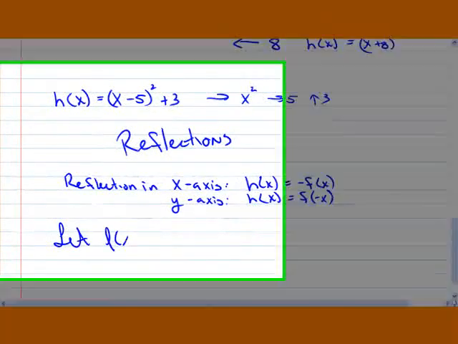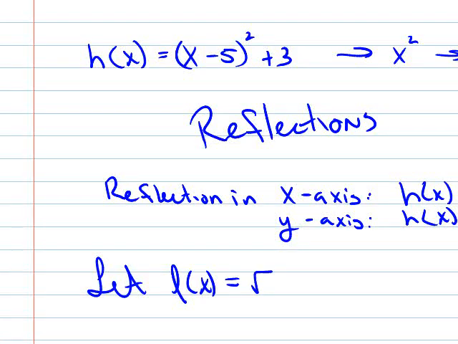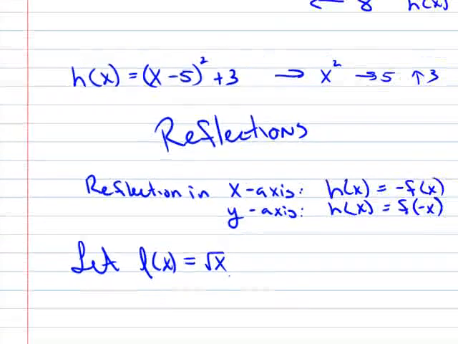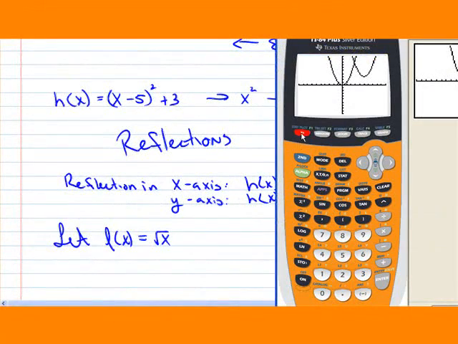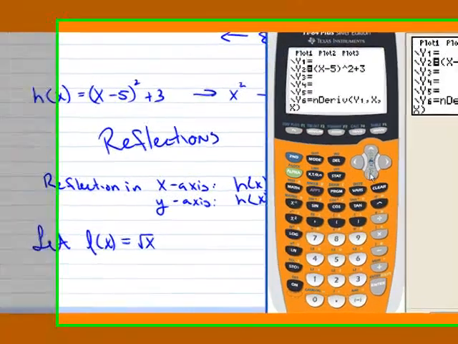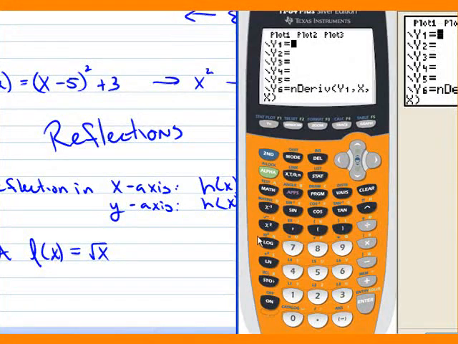Let's let f of x be the square root of x. Let's reflect it a couple times. So here's my original, square root of x.